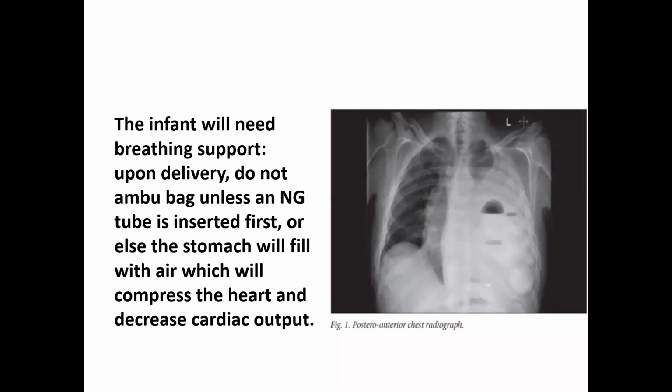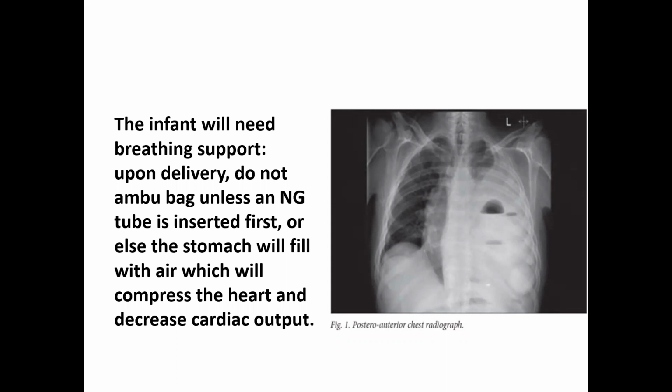Scaphoid abdomen means that the abdomen is really sucked in, because all of the abdominal contents are up in the chest. So if you see that, you don't start bagging, because as you bag valve mask the newborn, the air goes up into the chest and squeezes the heart. Within a couple minutes, they're going to be dead.